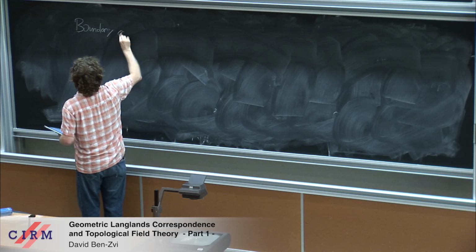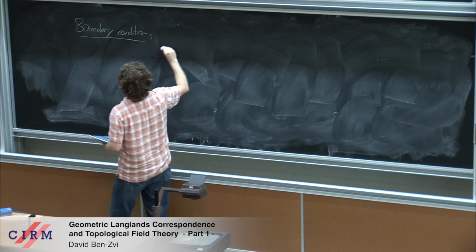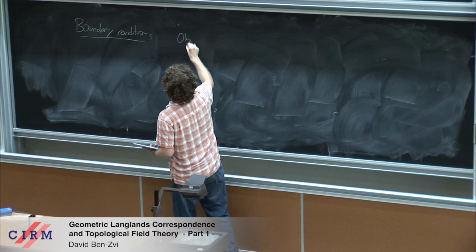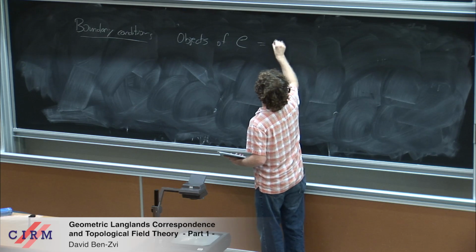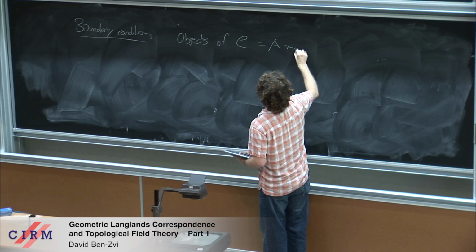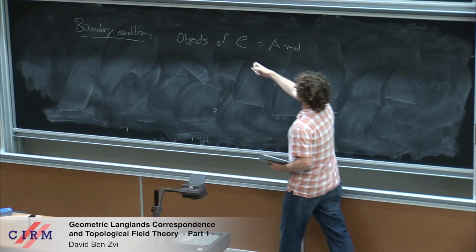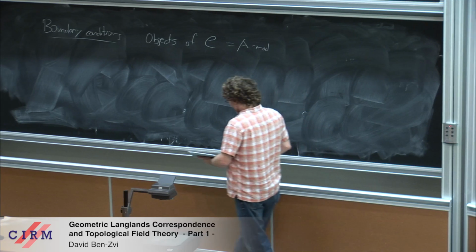Boundary conditions of the field theory, as we said, are maps from the unit to my category. These are just objects of my category C, or in general, if I look at A-mod, these are just modules for my algebra A, or objects of the category C. So those are the possible boundary conditions.